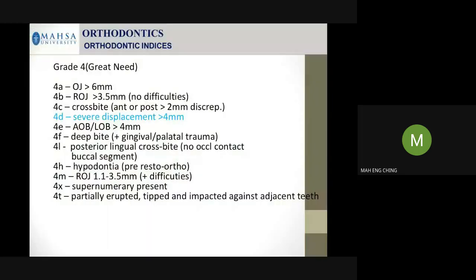So displacement, again, is bread and butter for braces. Crowding is the most common thing, but it doesn't score 5 because crowding is considered very basic. You do braces because of crowding. So the most you can qualify is severity 4. Then we use the capital D. So 4D displacement, more than 4 millimeters.